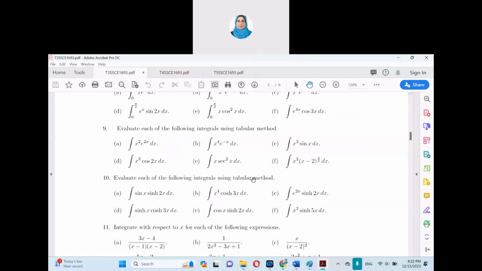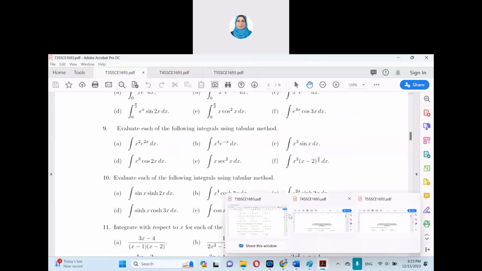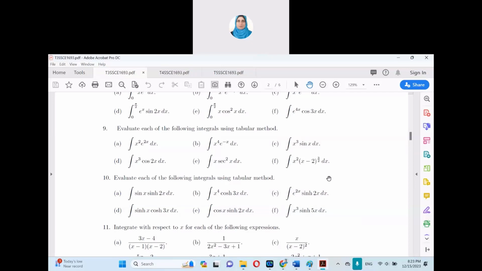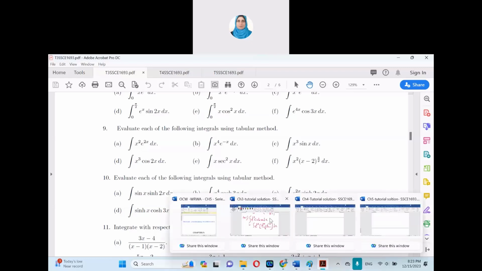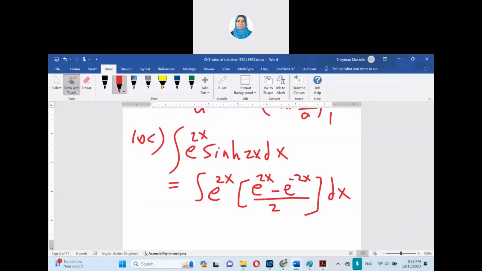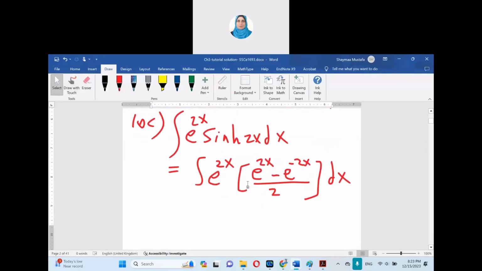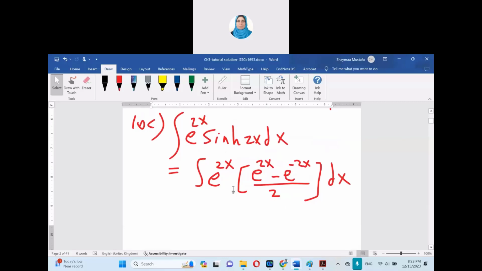Here, yes, using the tabular method. So you need to go for by parts. You have to go for by parts. Okay, so it's up to you. For me, it is easier to integrate using the definition. So I will keep this step for you. If you can find the integration using this method, then it's okay.